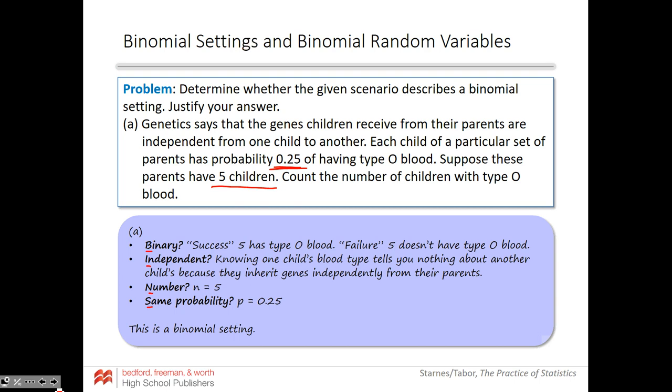Remember, we labeled a success as having type O blood, so each kid has a 25% chance of having type O blood. Because these 4 conditions are met, we can say that this is a binomial situation. And we're going to revisit this problem a couple times throughout our video today.